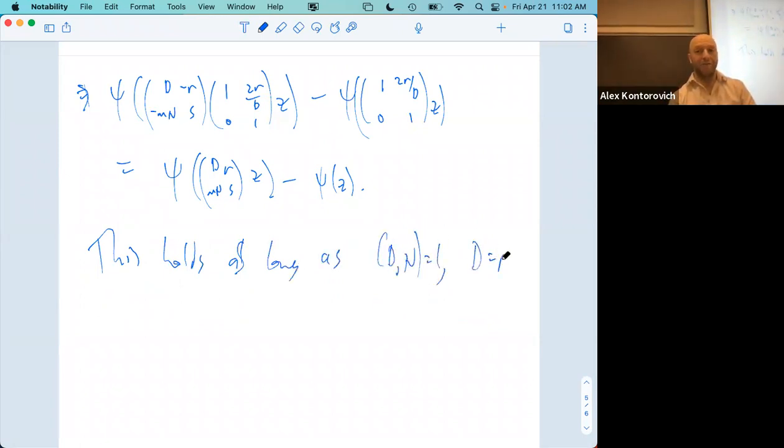D is a prime. Odd prime, sure. I can say D and 2N are co-prime. D is a prime. And R is in Z mod D cross. Okay, and R is an invertible element. R is not 0 mod D.